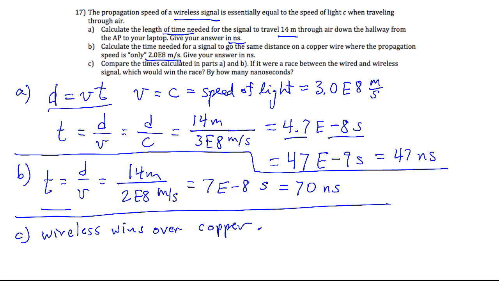The delta t, the change in the time, the amount by which wireless wins the race is 70 minus 47 nanoseconds, which is 23 nanoseconds. So wireless wins the race by 23 nanoseconds. In fact, nanoseconds are imperceptible to humans, and as far as we're concerned, they're both instantaneous. Okay, hope that helps.